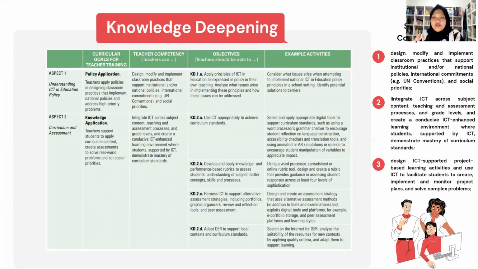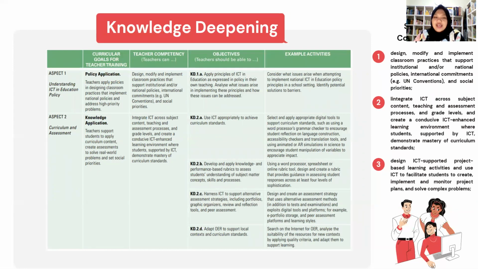In this level, the teachers acquire ICT competencies that enable them to facilitate learning environments that are student-centered, collaborative, and cooperative in nature. There are 6 teacher competencies at this level.